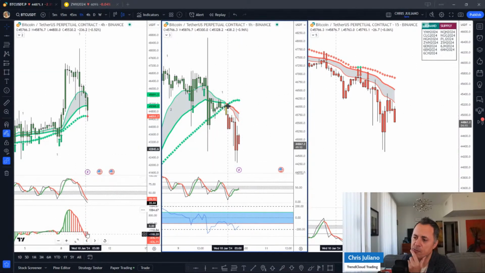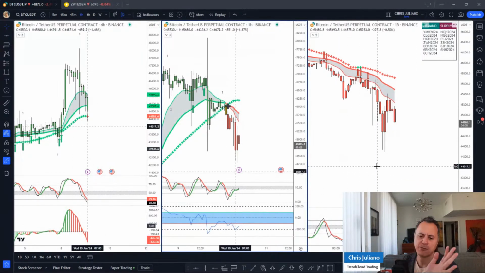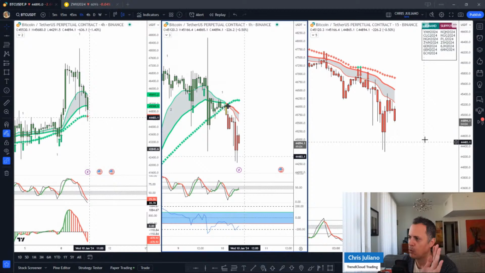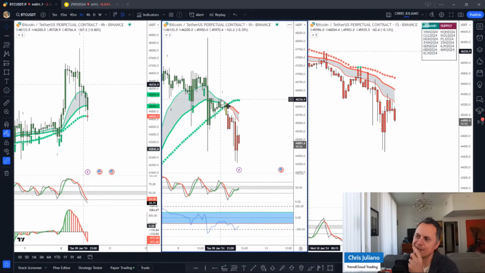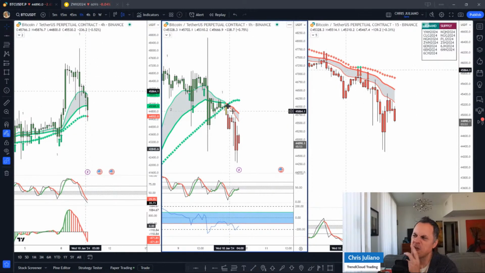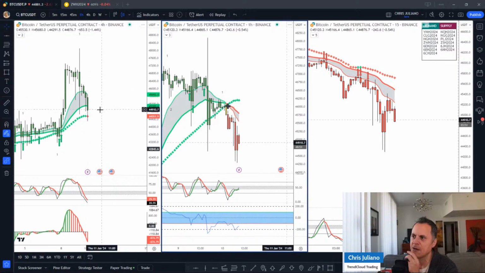So even though this momentum is with us, we've got a lot of momentum, everything's pointing to the downside, 100% correct. And it's working out here, right? Pseudo downtrend, little mixed signal here.